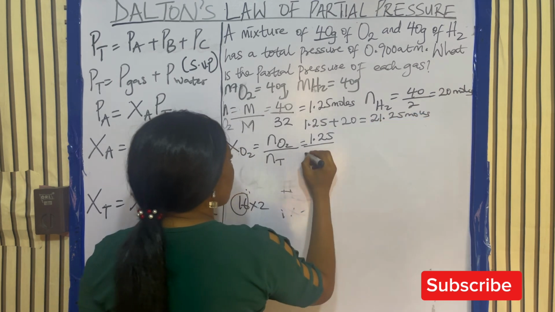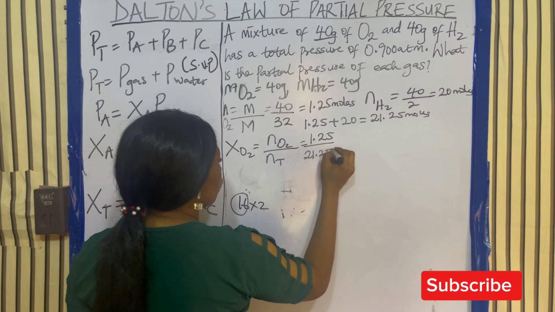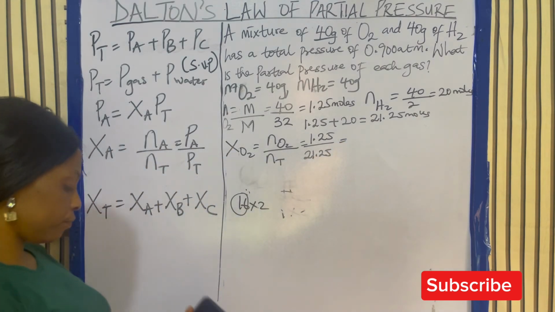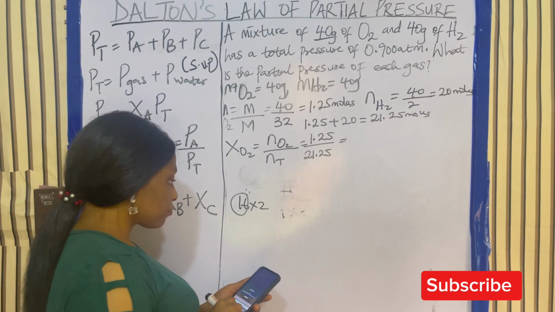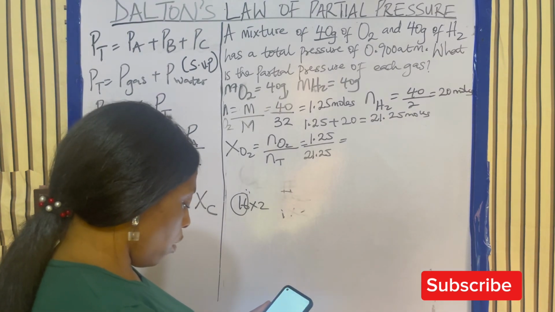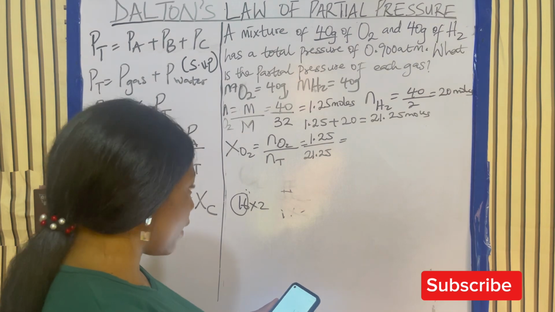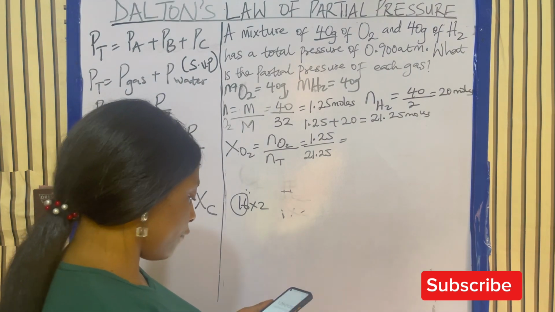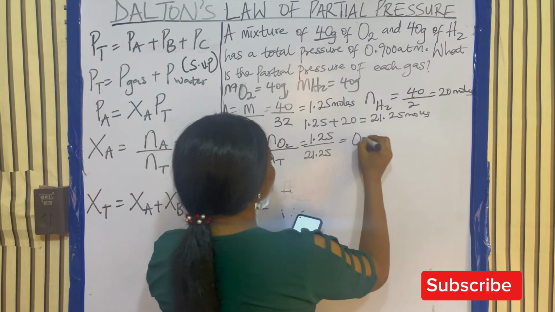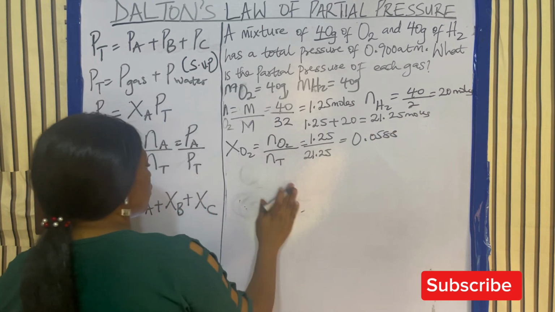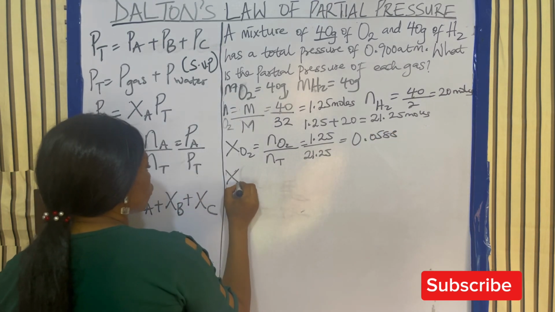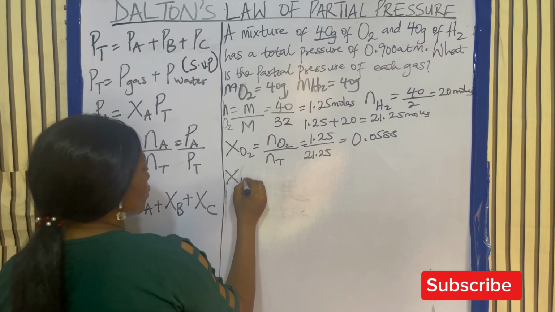So we are going to divide by 21.25 moles. Let's press our calculator. 1.25 divided by 21.25 will be 0.0588.